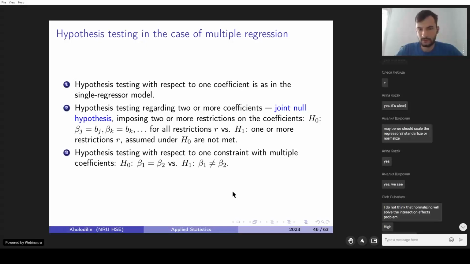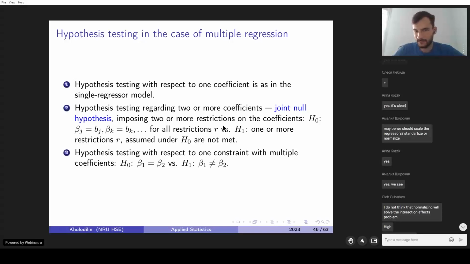For example, if your H0 is that all coefficients are exactly some value, then you have some number of these equalities in the hypothesis.